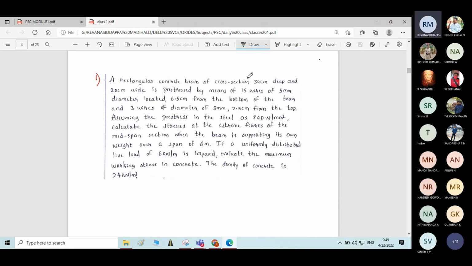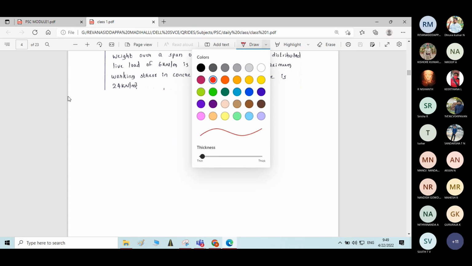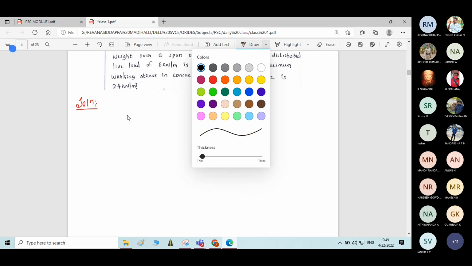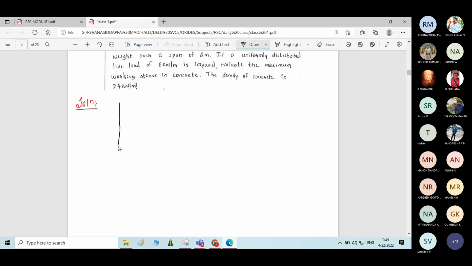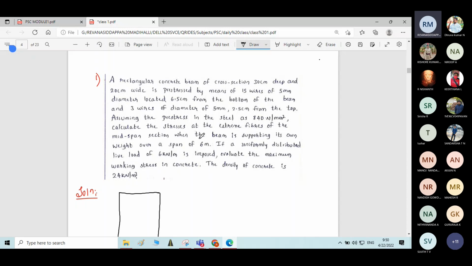Okay. All of you just go through the problem. All required data is given. A rectangular concrete beam of cross section 30 centimeter deep and 20 centimeter wide. Let me write the figure for the same. Solution.